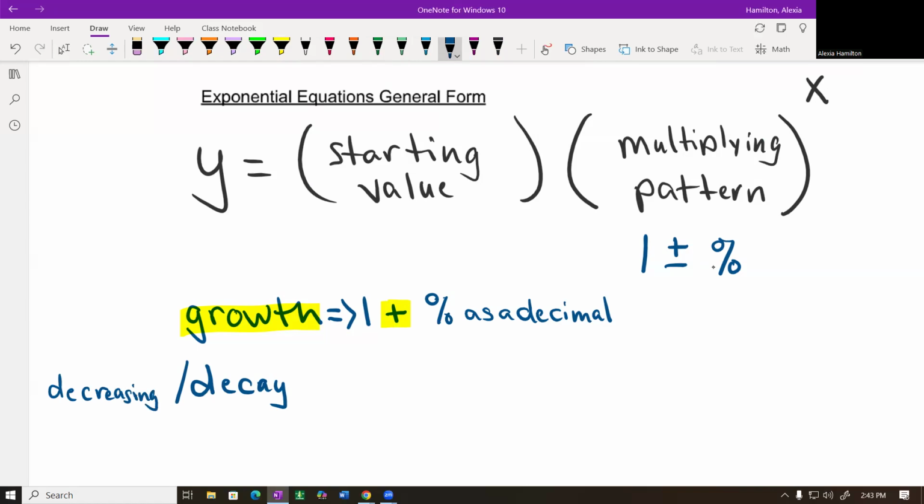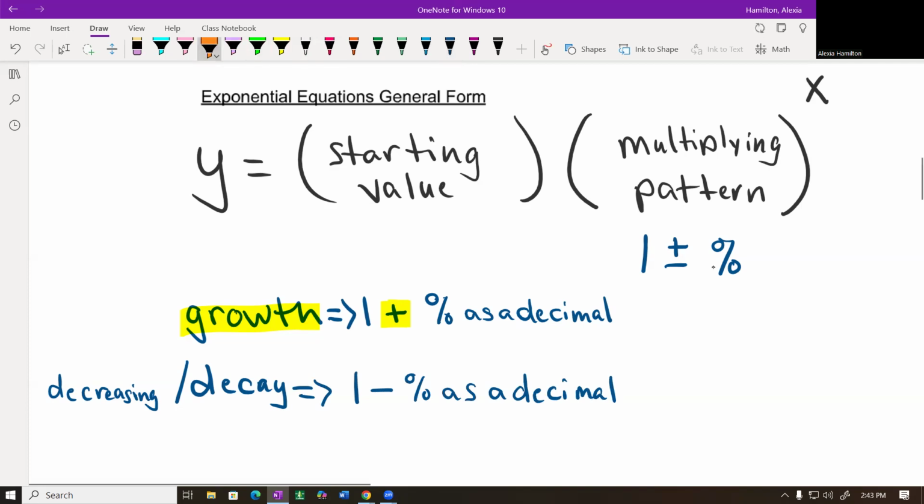Well, if we're starting at 1, because if we keep on multiplying by 1, the number is not going to change. And for growing, to get the numbers bigger, we're adding a percent. So to make the numbers get smaller, we are going to subtract whatever that percent value is as a decimal, of course, because again, we can't math with percents.